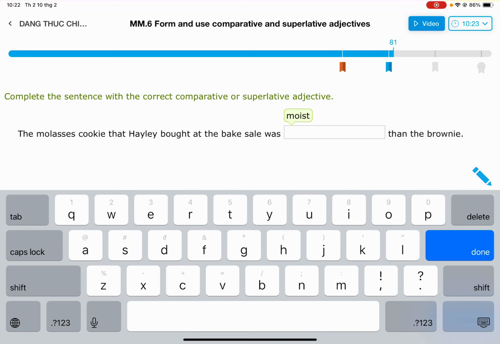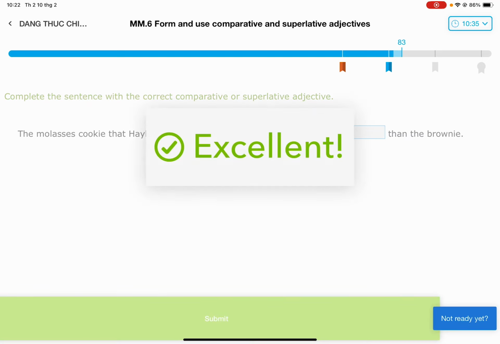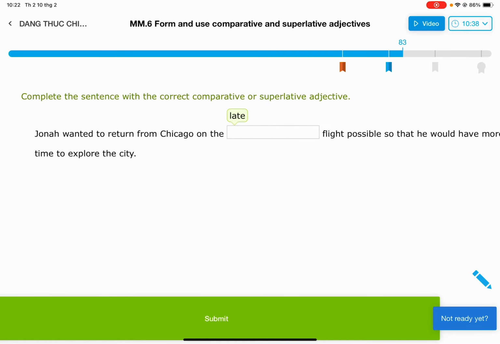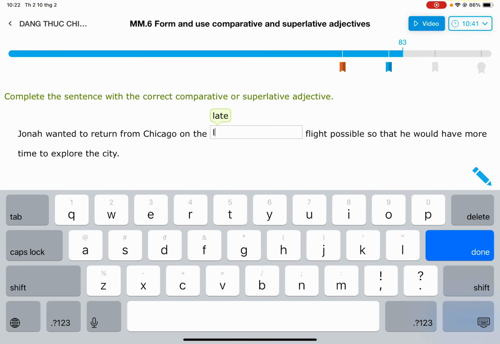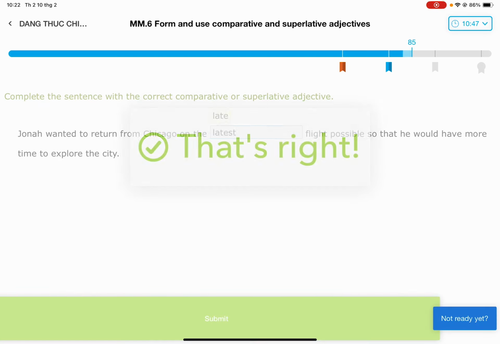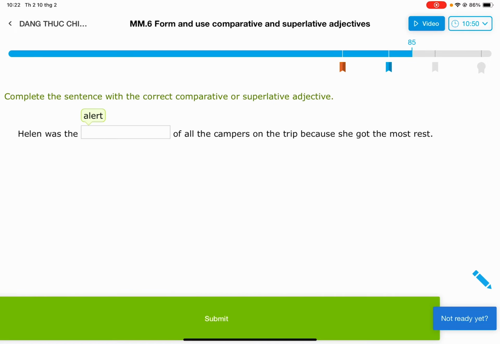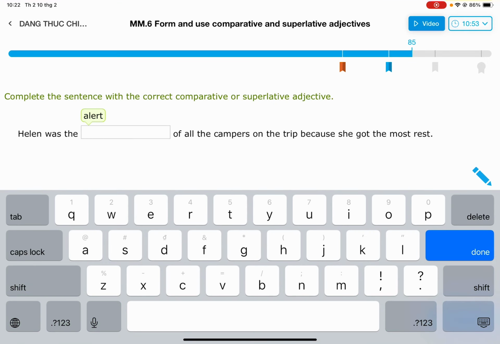Was moist. Moister. Moisture, okay. This one, the latest. The island was the alerter. The alertest. Alert. Was the most alert of all the campers on the trip because she got the most rest.